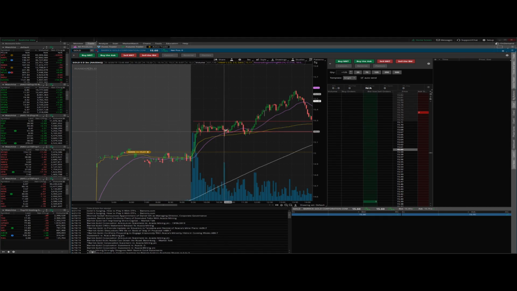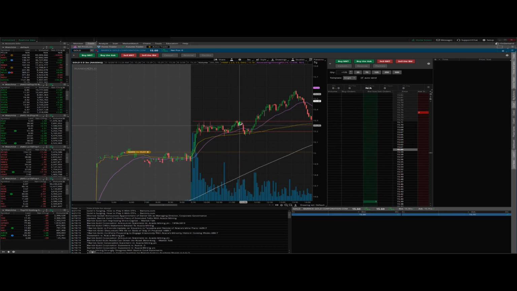So I got in an order around this bottom of the channel, and right here, I think it was 15.18, right on this VWAP, and just waited. Turns out, it did as expected, came back up to retest the resistance, and I started selling right around here, and I was probably out right around 15.27.